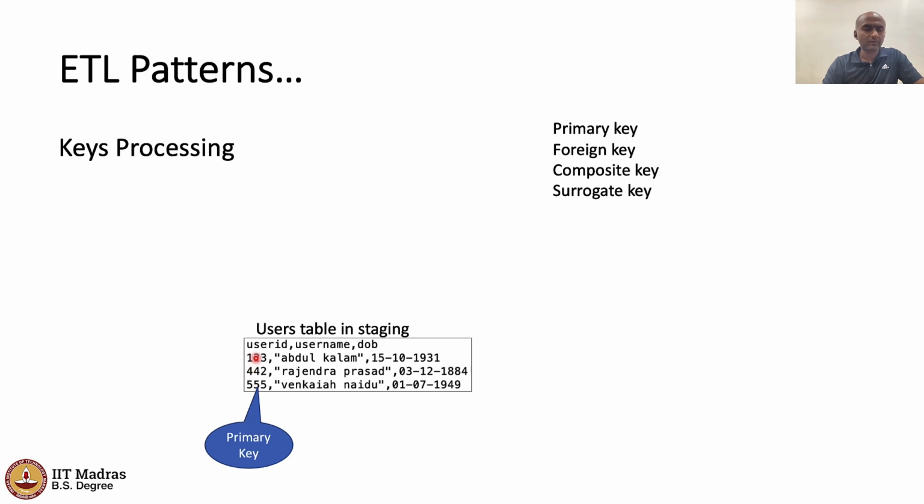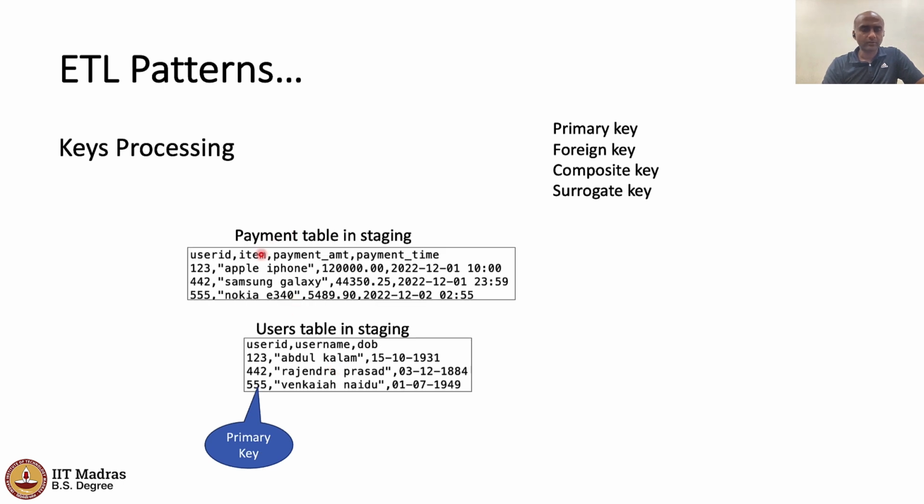Note that the domain could have reused user IDs for other users, especially after, for instance, these users have expired, new users have been onboarded, and the same user ID gets used. That could have been the case if the domain was not designed carefully. But if you design the domain carefully, you would not want to repeat user IDs, in which case you build up this primary key concept in that particular column.